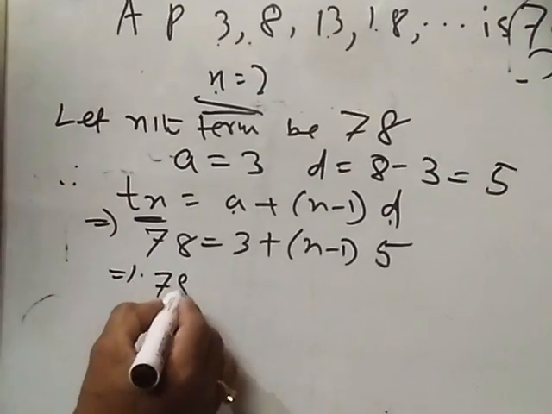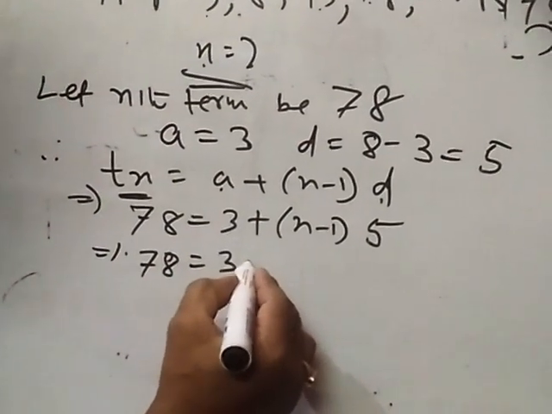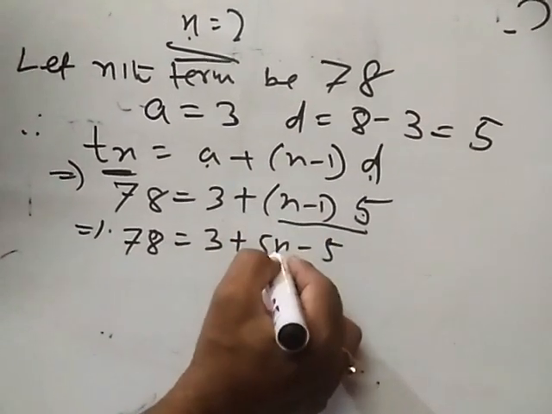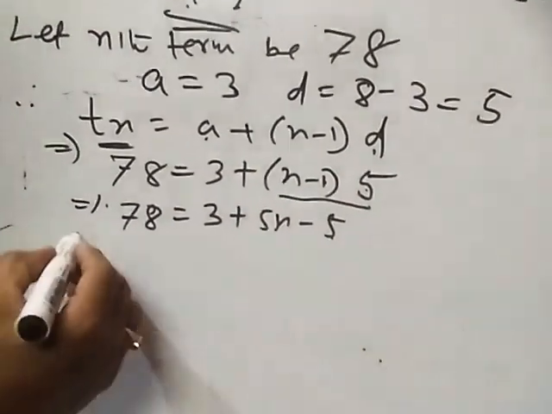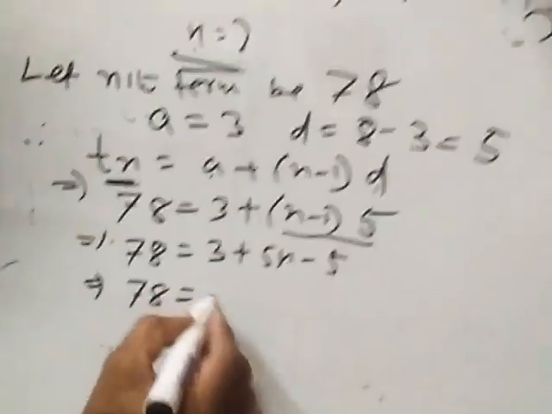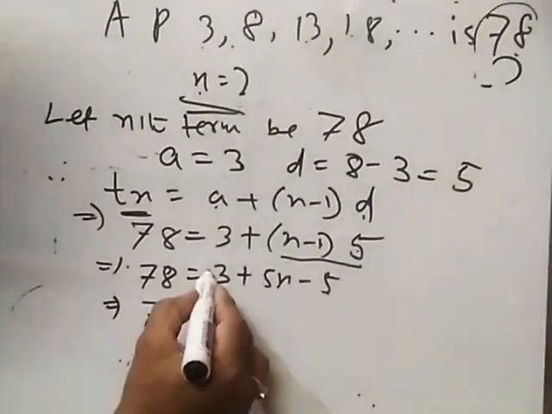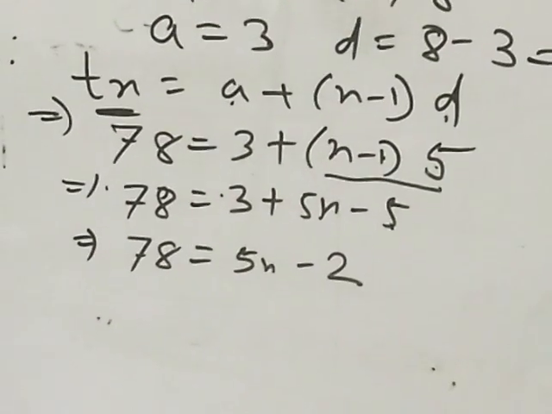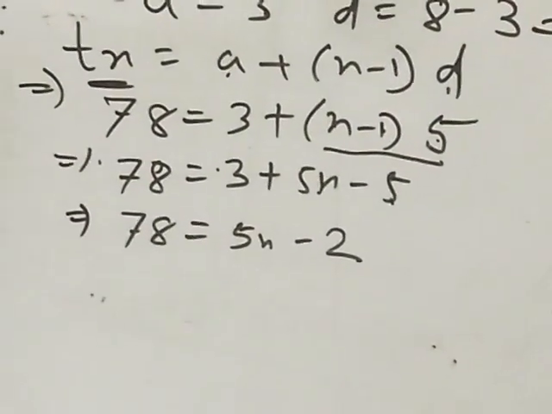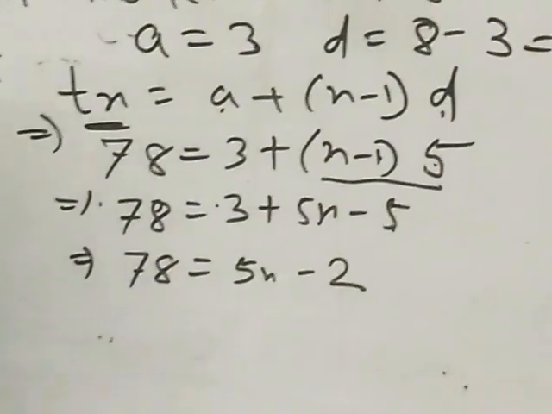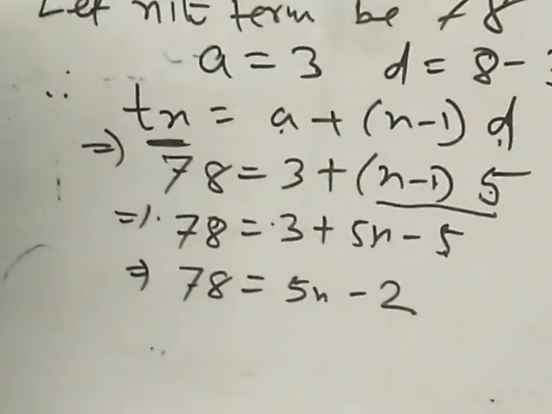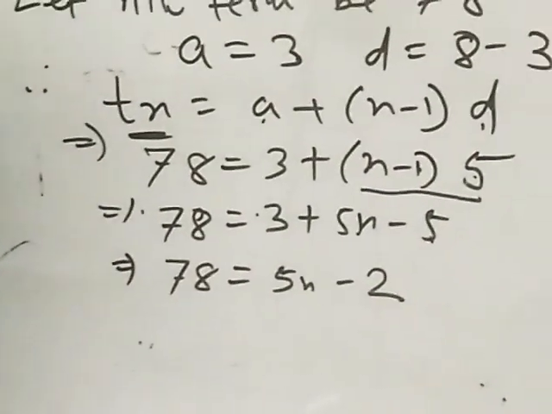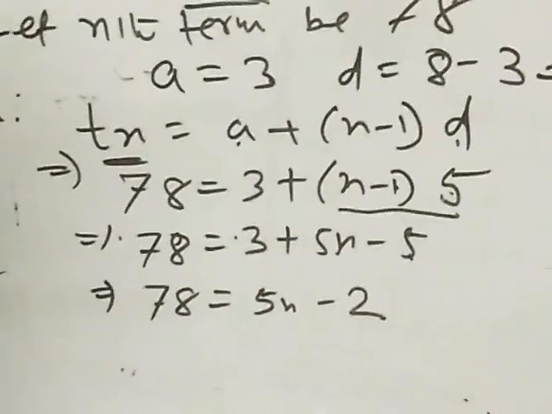78 equals 3 plus 5(n minus 1). We are taking the product: 5 into n, 5n, 5 into 1, 5. Then 78 equals 5n plus 3 minus 5, which comes out to minus 2. Check it out. Any doubt, you can ask me. Okay.